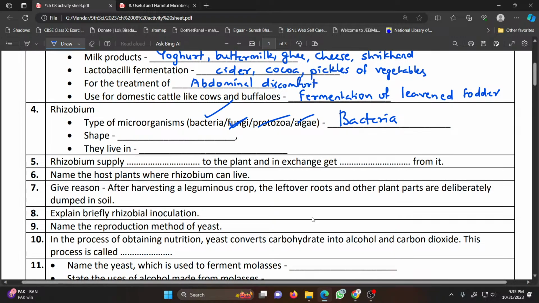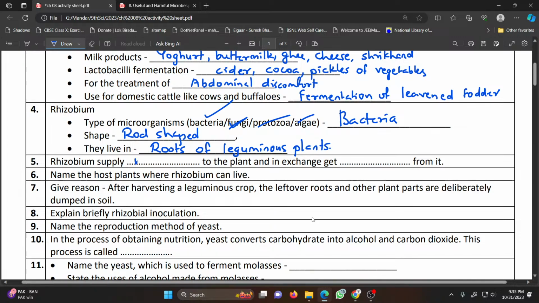They are rod shaped microorganisms and they live in roots of leguminous plants, that is the pulses.